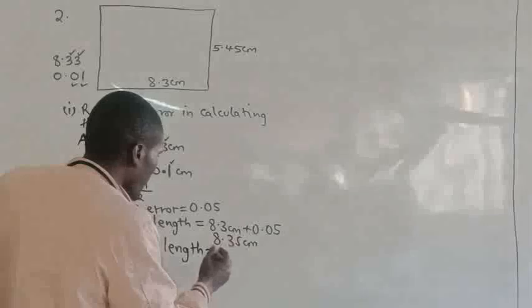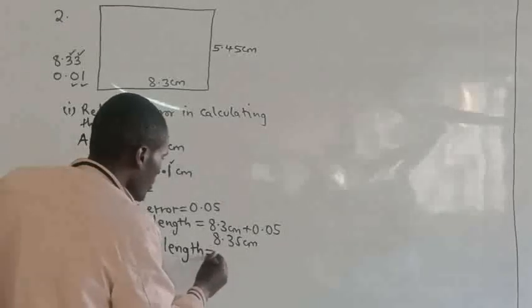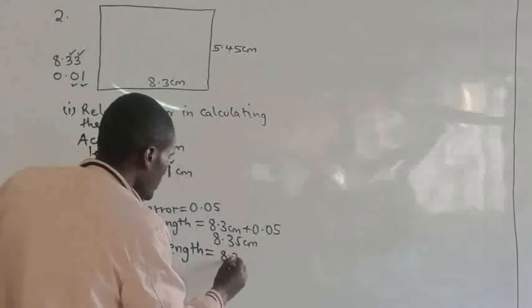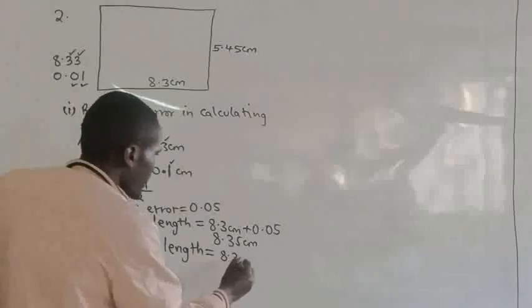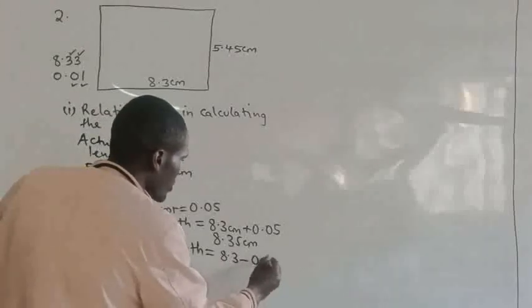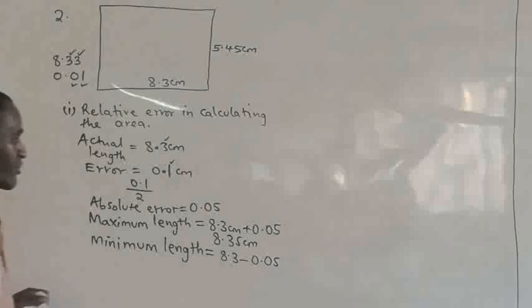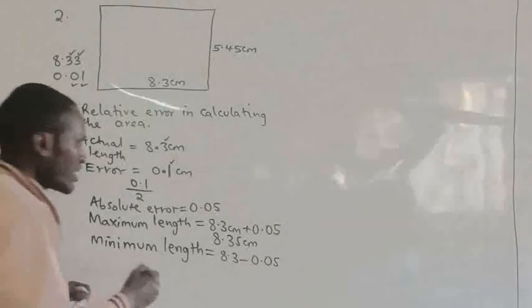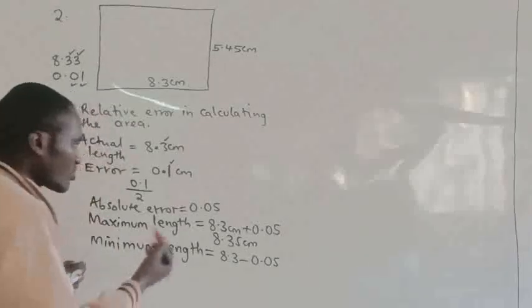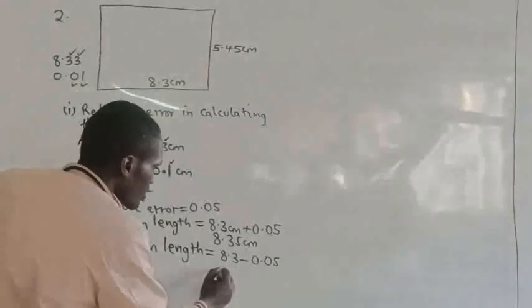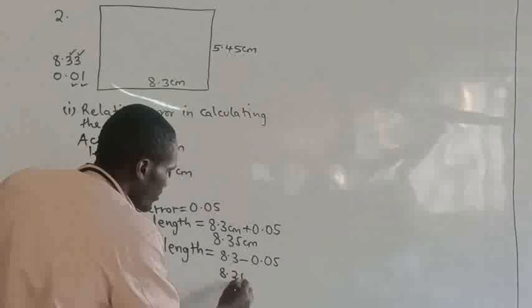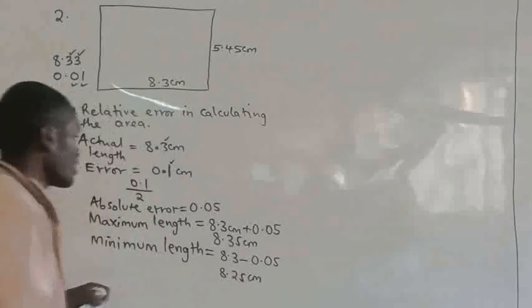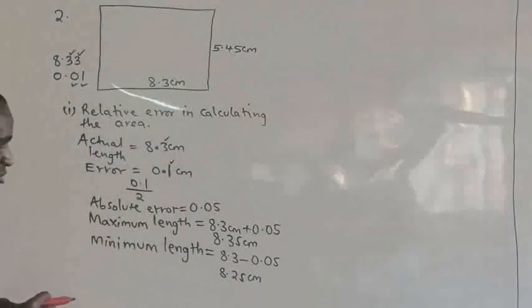So we shall say the actual length is 8.3 and the error that gets made is 0.05 in terms of absolute error. So the error has to be used in getting the maximum or the minimum length. So that translates into 8.25 centimeters. So that can be an estimation of the length to be considered.